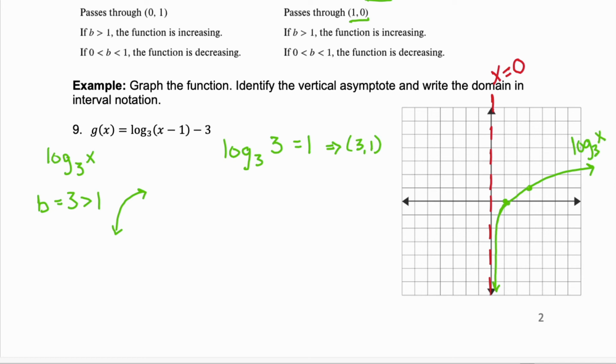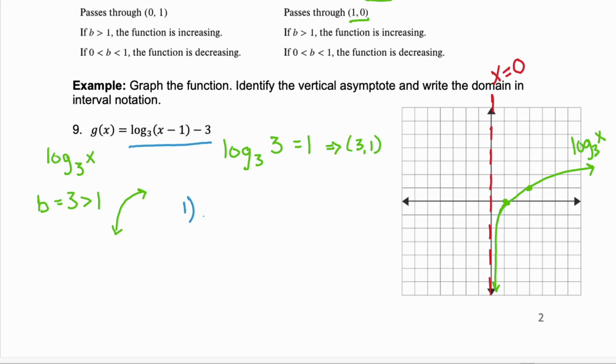We have 2 points that we can transform, and we also have our vertical asymptote. So let's look at what's happening to our mother function to end up with this new function. So first, we're looking for any horizontal transformations.